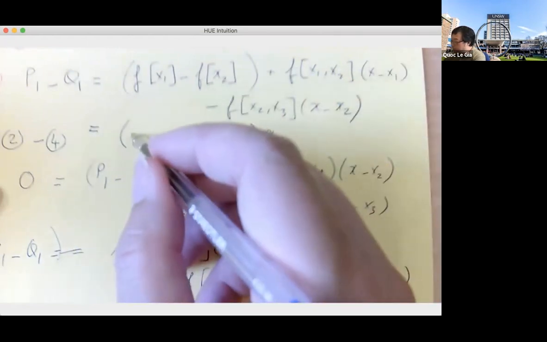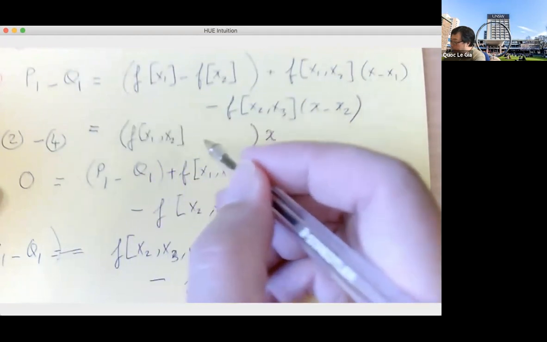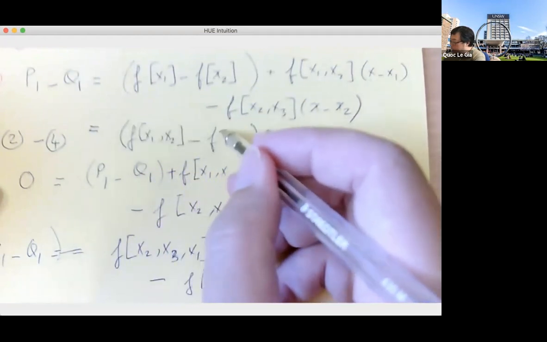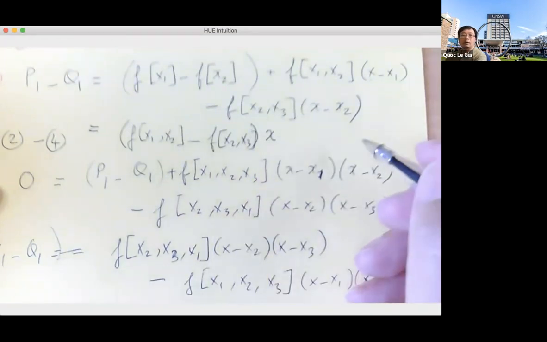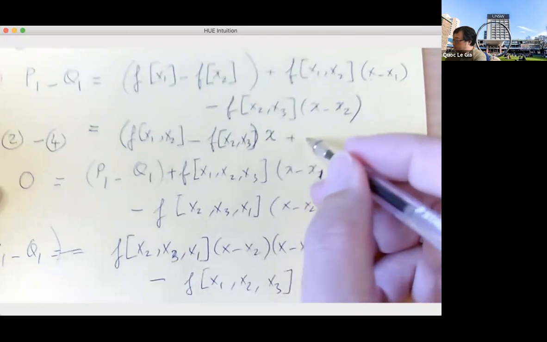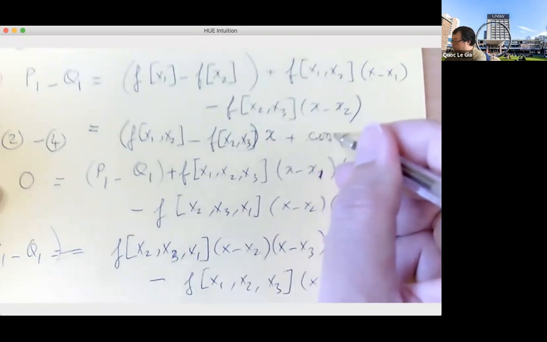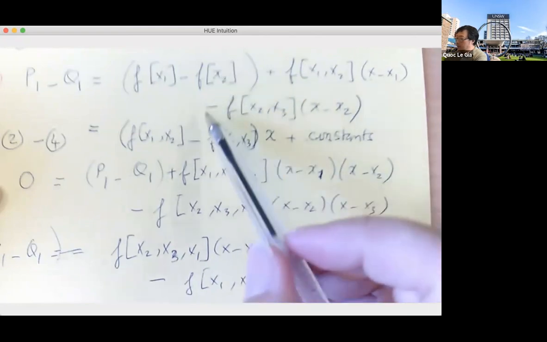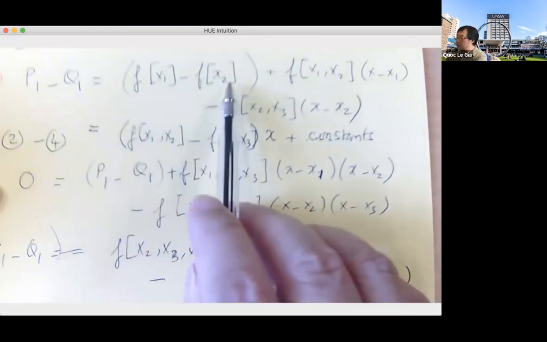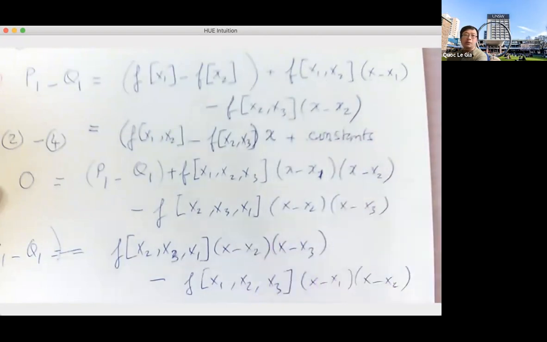Then here I just have f of x1 comma x2 minus f of x2 comma x3, plus some constant, so a bunch of constants here. I don't want to write them down, but essentially it's just this term, this term, this term multiplied by x1 and this term multiplied by x2.